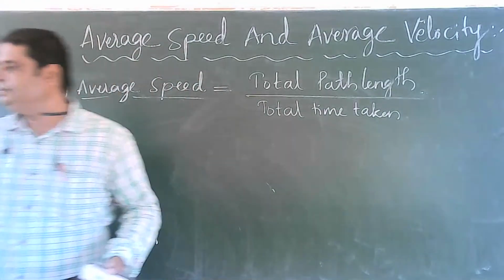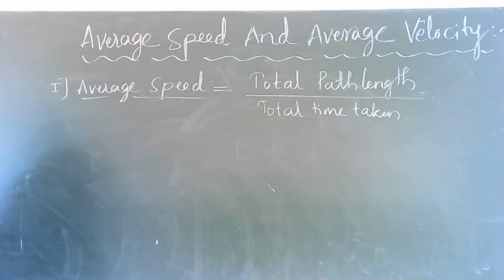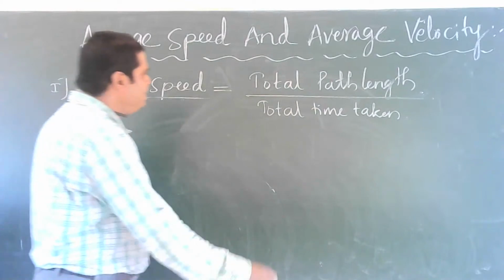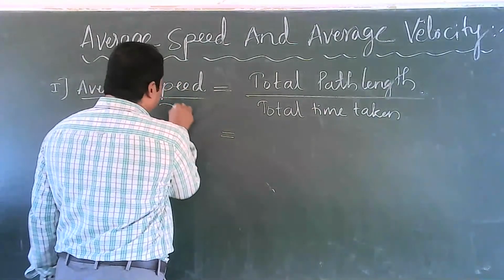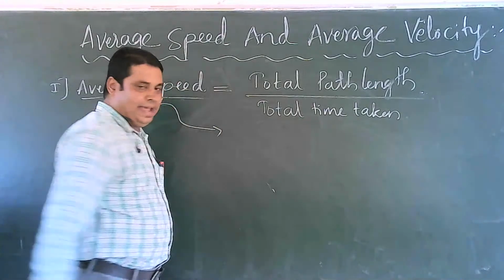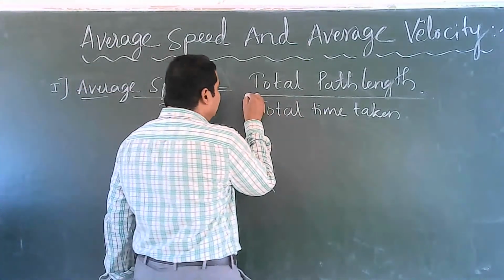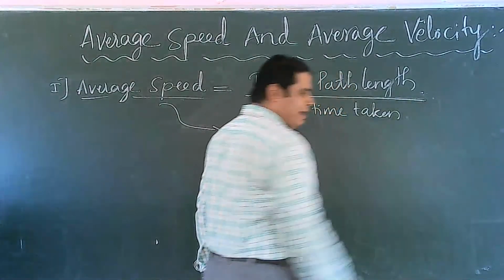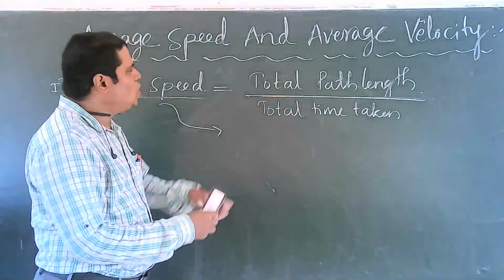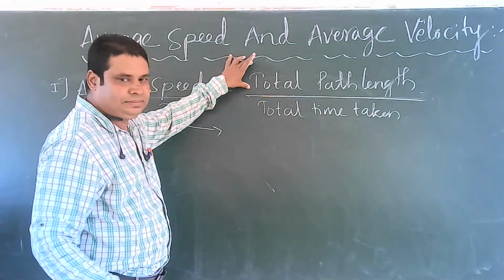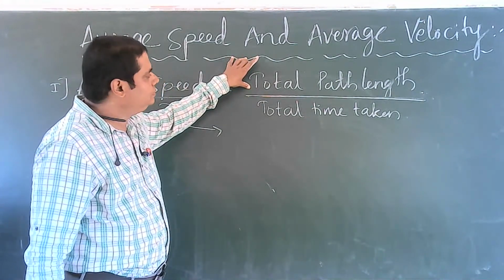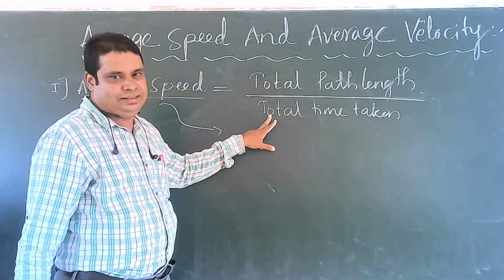How to define them? Average speed is defined as, remember, a ratio of total path length taken by an object to total time taken.